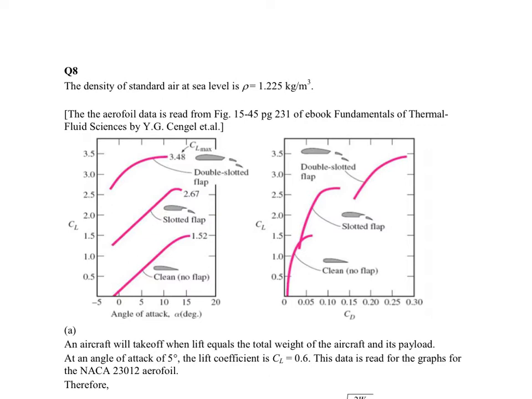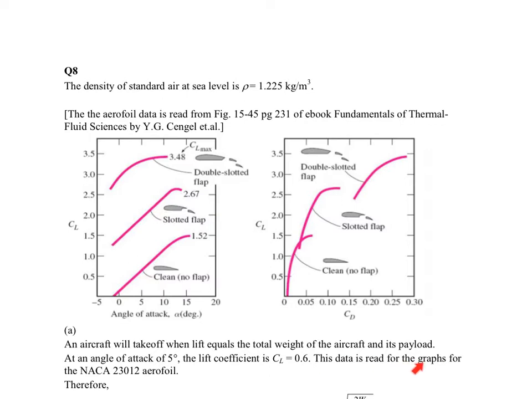What does this mean? If you look at the answer, which is slightly down the screen, an aircraft will take off when its lift equals the total weight of the aircraft and its payload. Now, at an angle of attack of 5 degrees, the lift coefficient is 0.6.